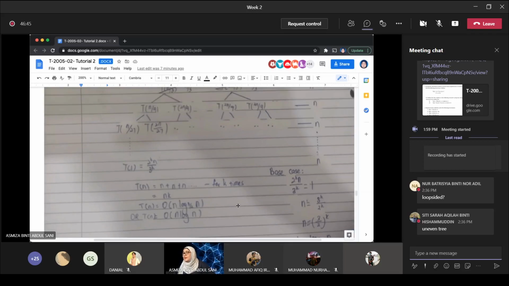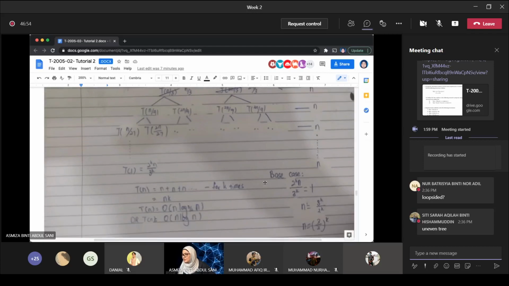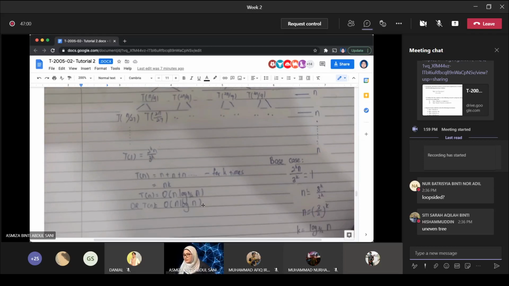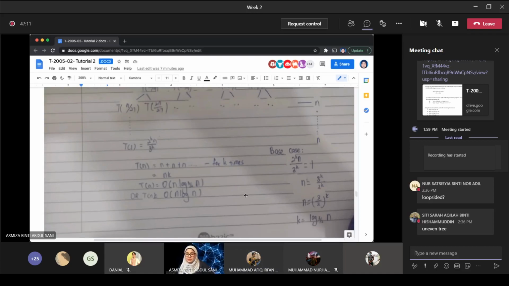Now we need to calculate the sum of all work being done at each level for some k times. So therefore, we multiply n by the height of the tree, and we get this answer. Does anybody not get how you get this answer?